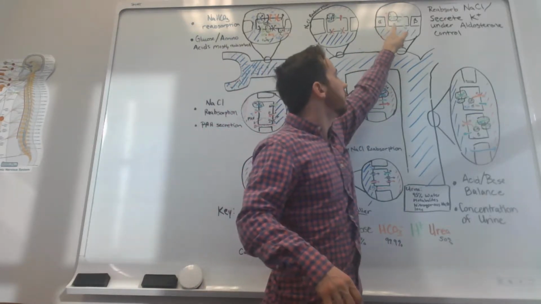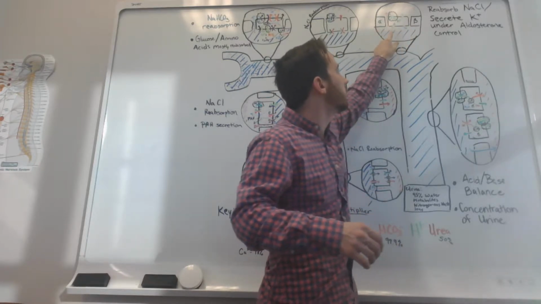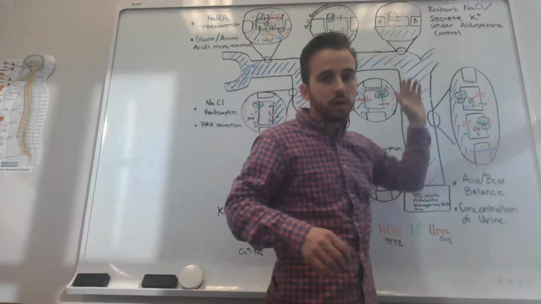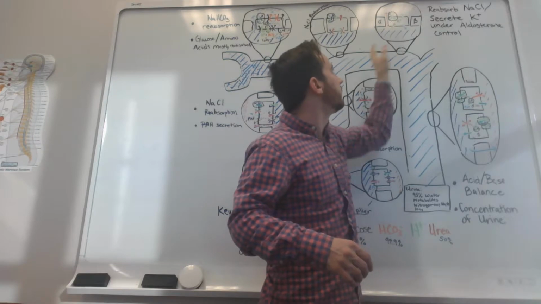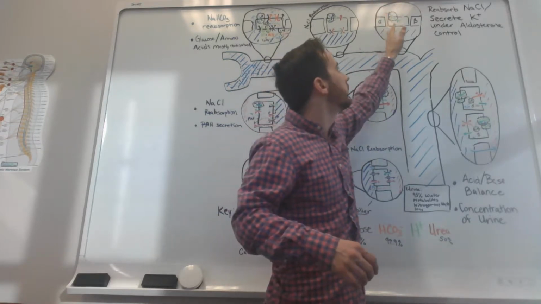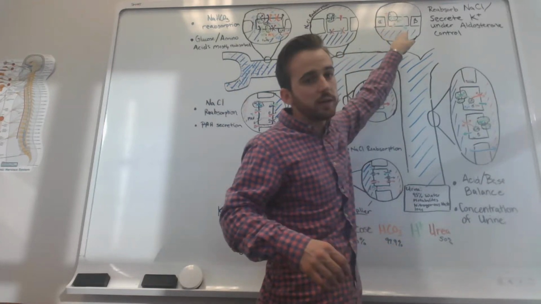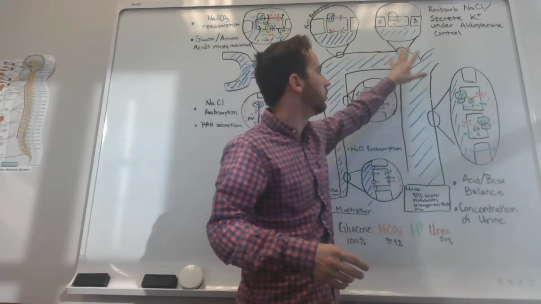So in the presence of aldosterone, what happens is sodium will actually be driven across by its gradient, right? And the chloride will follow. It will diffuse across. At the same time, potassium will be secreted into the lumen of the tube here.